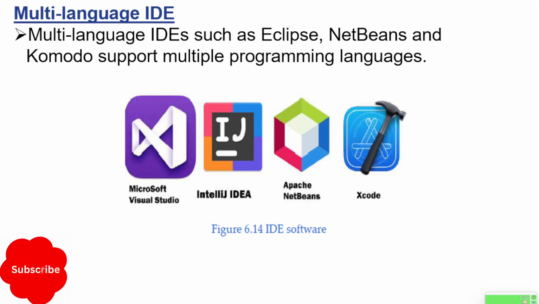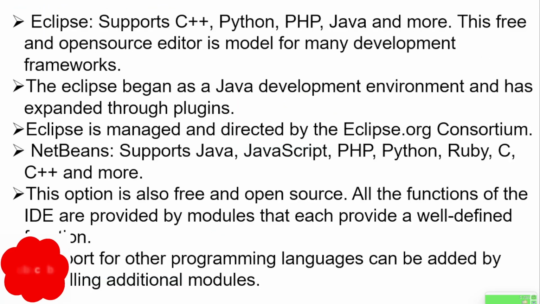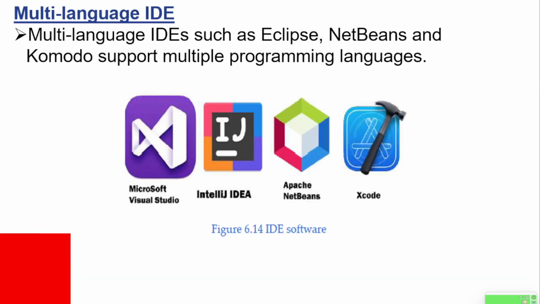Like that, in the case of multi-language IDEs, we have Eclipse and NetBeans; some IDEs are categorized under Eclipse and some under NetBeans. In these programs, we can prepare a variety of application software. For instance, Microsoft Visual Studio.